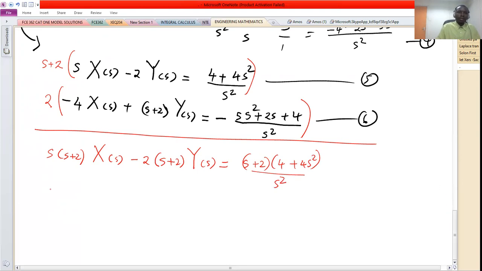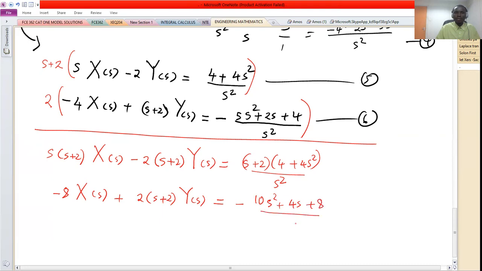And then the other one will be minus 8X of s plus 2 times s plus 2 times Y of s equals minus, since this 2 is multiplying everything here, 10s squared plus 4s plus 8 over s squared.